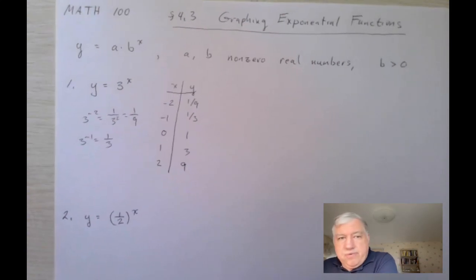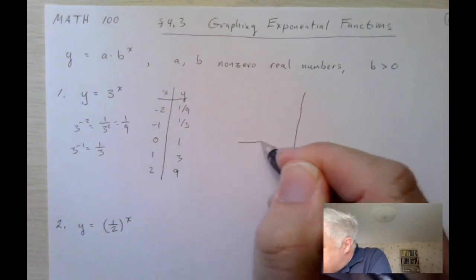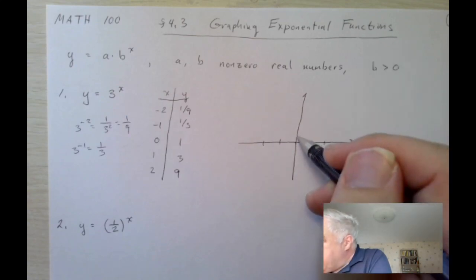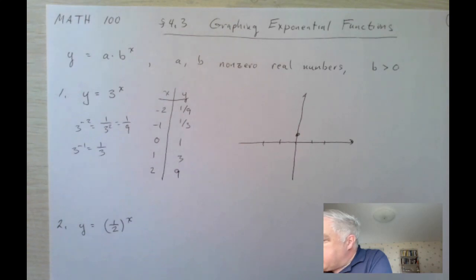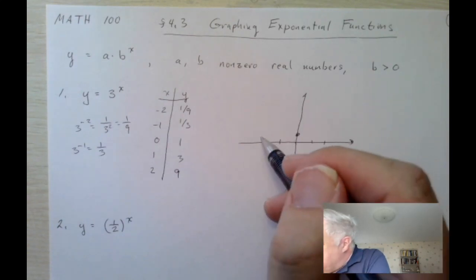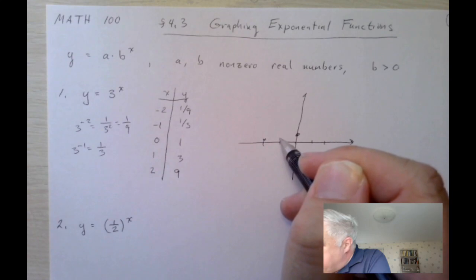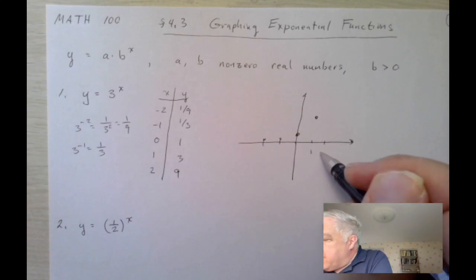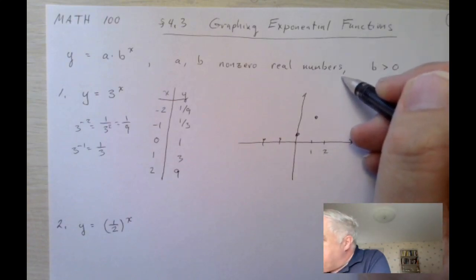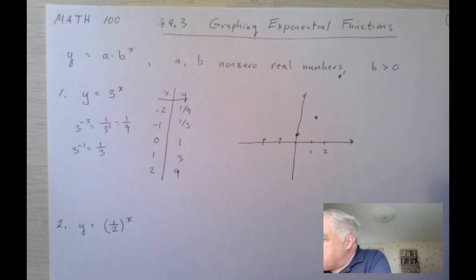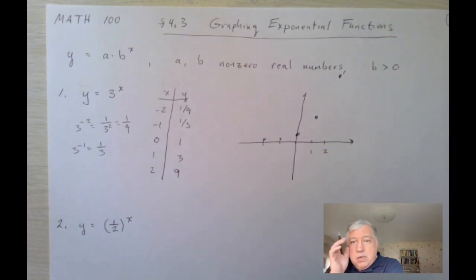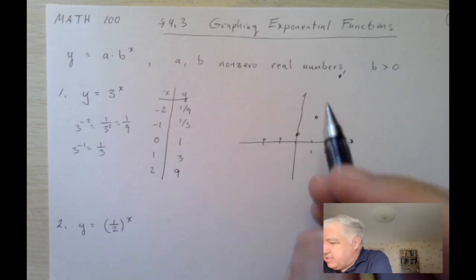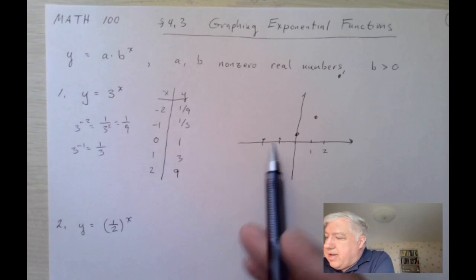Okay. So if we were to plot these 5 points, let's say here's 0, 1, and negative 2, 1/9, and then here's 1/3, and then 3 would be way up here, and 9 would be way up here. Now notice all these points are above the x-axis. There are no points that sit on the x-axis, but the graph comes arbitrarily close to the x-axis over here.